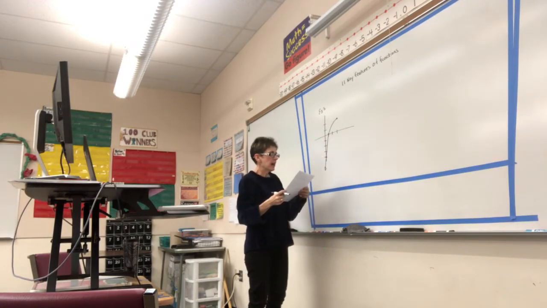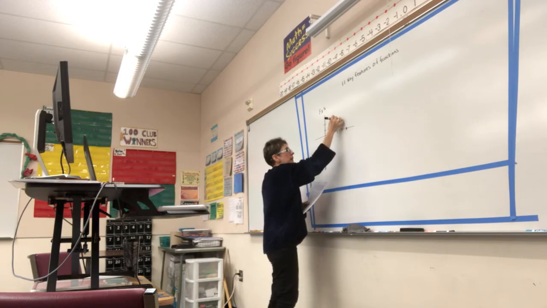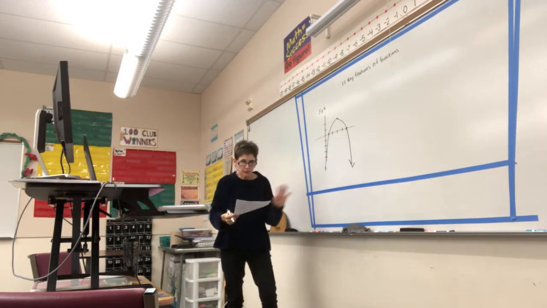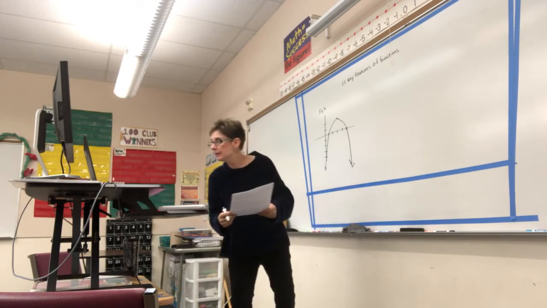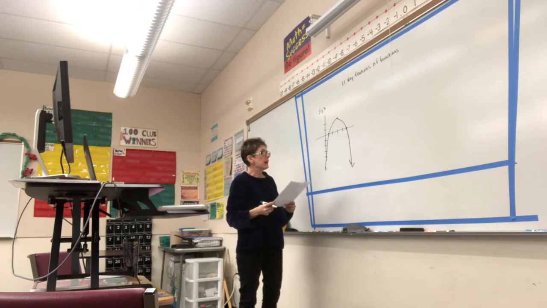And then we have another x-intercept at 5. Going that way. All right, so we're going to do the same questions that we did a minute ago for the other example to give us a little bit more practice.